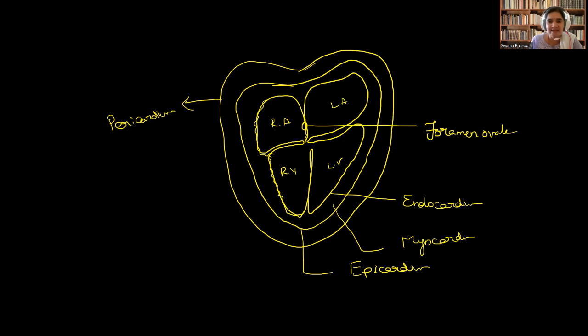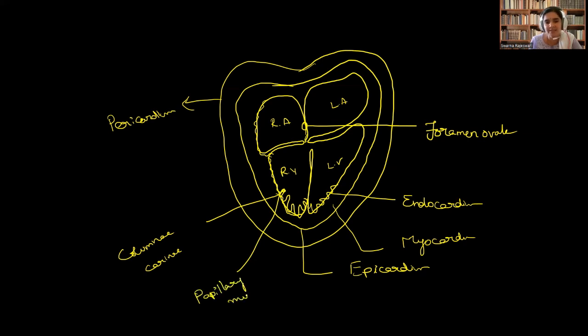So here they are ridges, and here we are calling them columnae carneae. And these ridges here, even this side also. Okay. So here there are papillary muscles. If you draw along with me, you can easily learn papillary muscles.